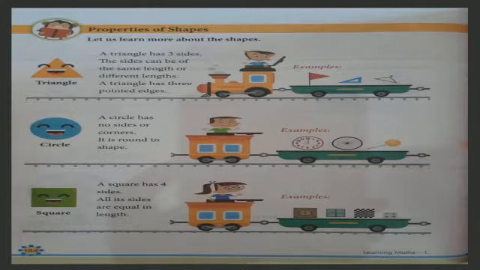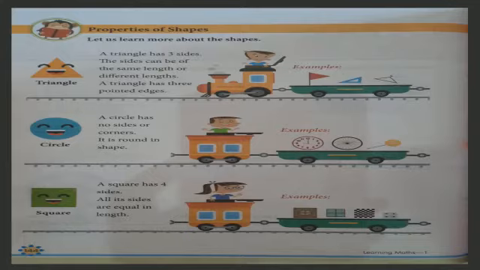The examples of triangle are tent, mountain, birthday cap, cloth hanger, etc. Okay, understood the properties of triangle? Yes, a triangle has 3 sides and 3 corners. So it is called a triangle.